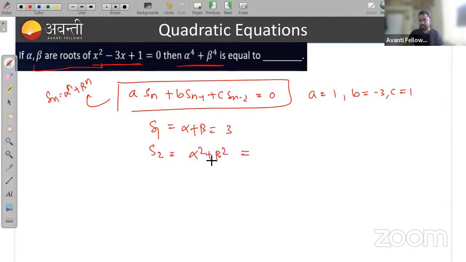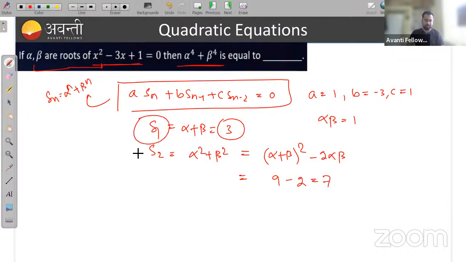Can I write alpha square plus beta square is equal to alpha plus beta whole square minus 2 into alpha beta? We already got the sum of roots, that is 3 square, that is 9, minus 2 into product of roots. The product of roots is C upon A, that is 1. So 9 minus 2, so 7. So S1 I am getting 3, S2 I am getting 7.